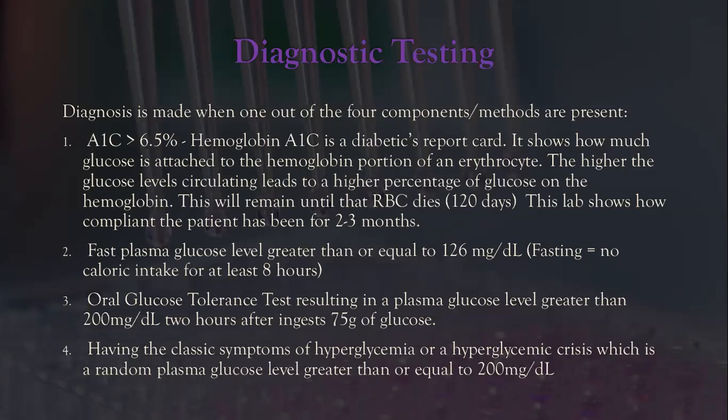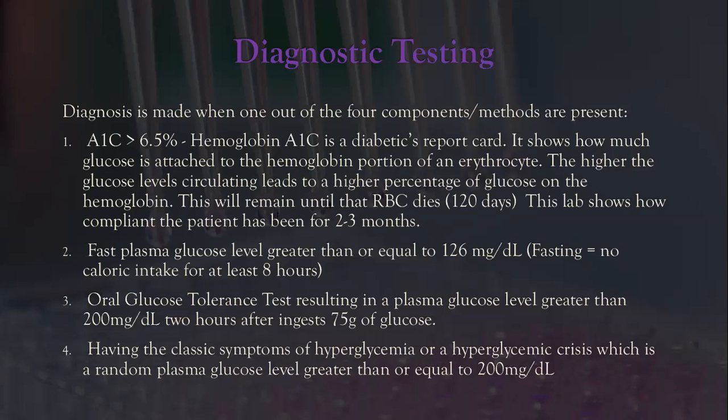The first three diagnostic tests have to be repeated to confirm diabetes. Number 4, the last one, is having the classic signs and symptoms of hyperglycemia, which we will go into later, or a hyperglycemic crisis, and during that time a random blood glucose is more than 200. Number 4 does not have to be repeated, but 1, 2, and 3 do need to be repeated to confirm.